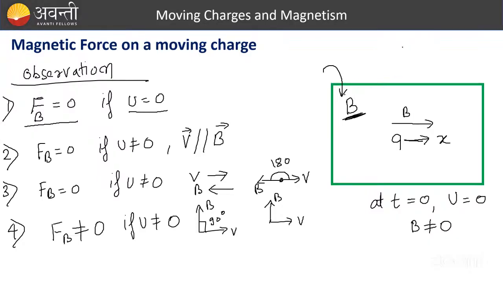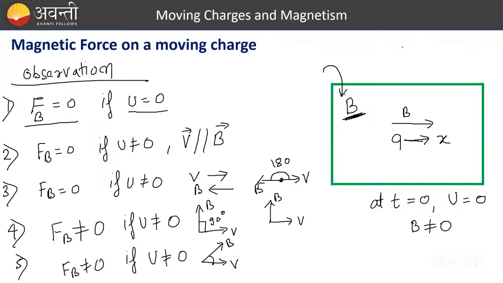Then he tried one more thing. He kept the angle something different, other than 0, 180 and 90. Let's say this is an acute angle. In this case also, force was not zero. But in all cases, what is the same? Speed is not zero.